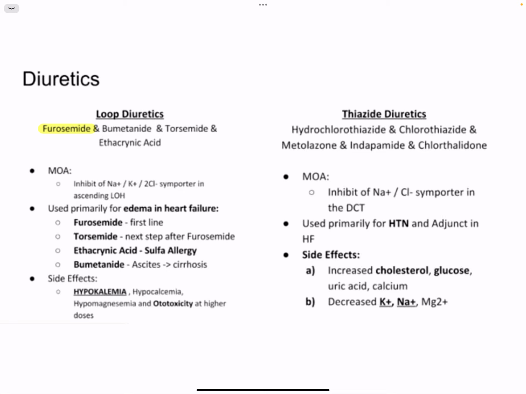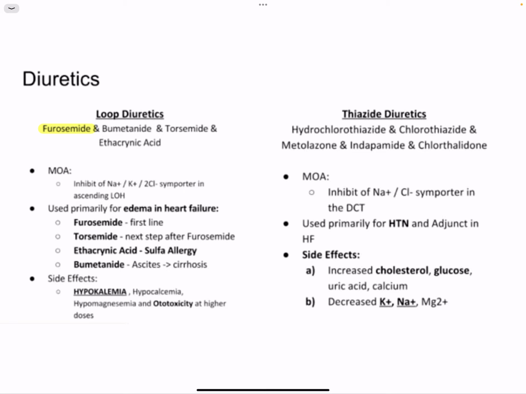How is it different? The first one is furosemide, second is bumetanide, third is torsemide. All of them have a sulfur group. You discussed even in microbiology sulfonamides. So they contain a sulfur group.